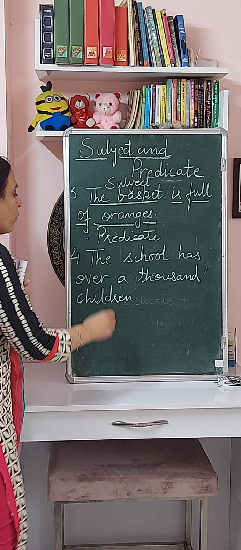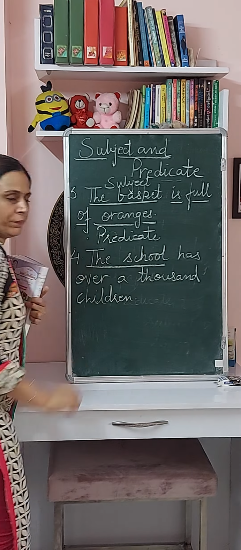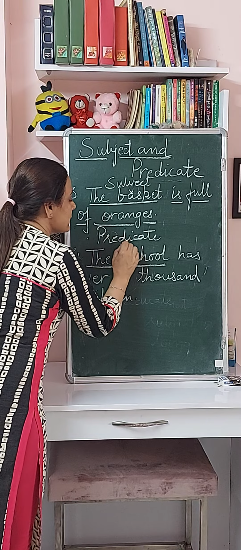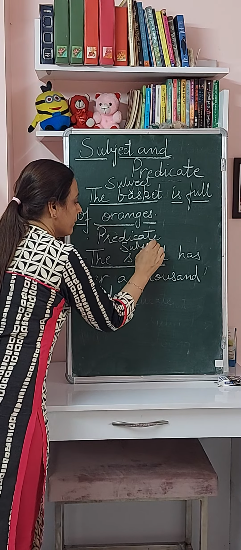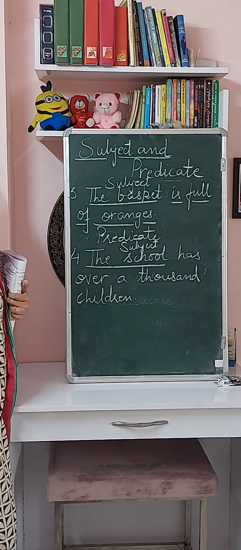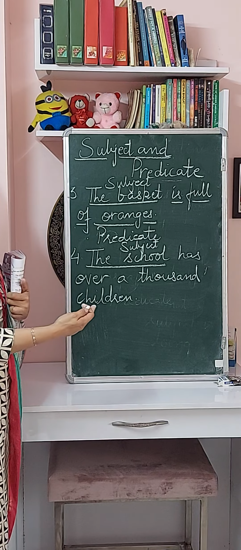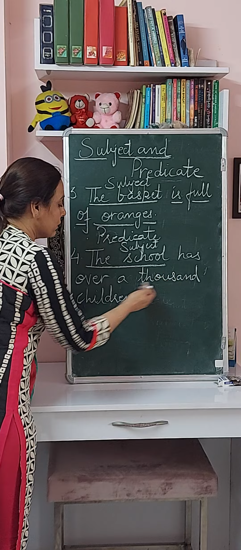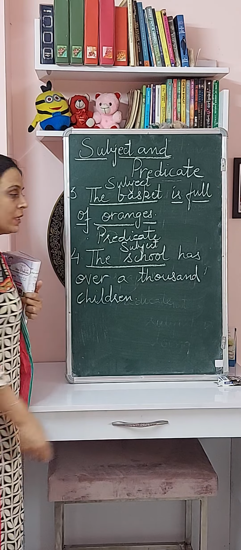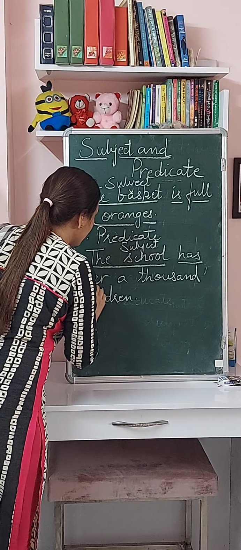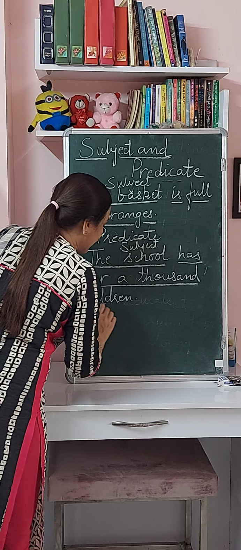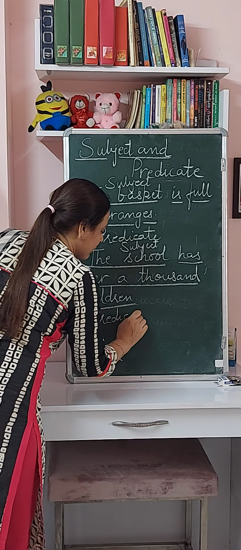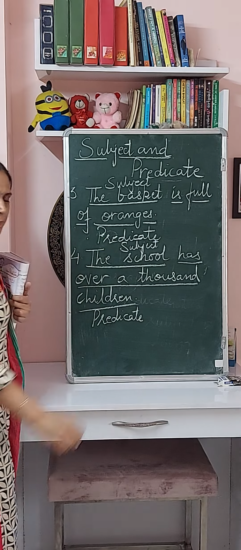Here we are talking about the school. So the school is the subject. Now what are we saying about the school? We are saying that it has over 1,000 children. So has over 1,000 children will become the predicate.